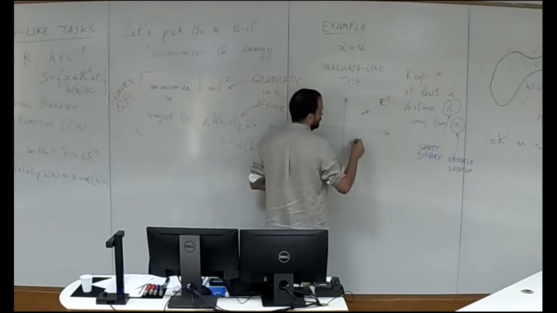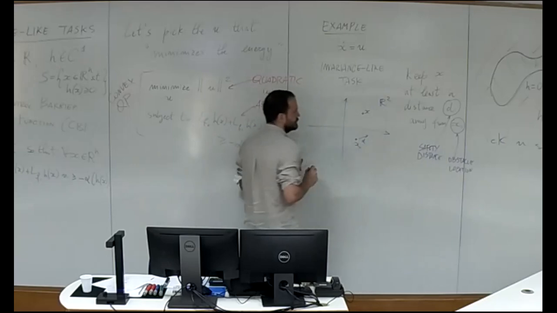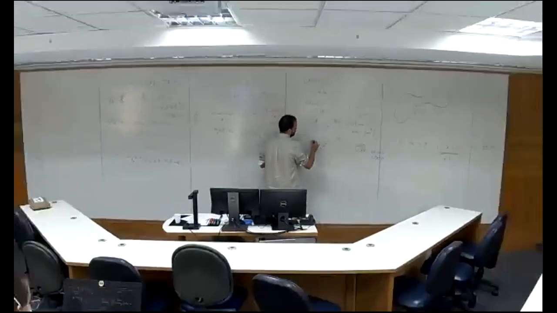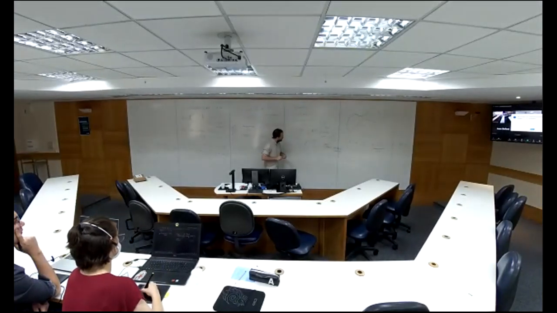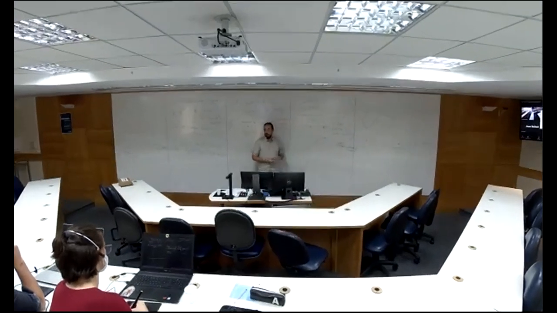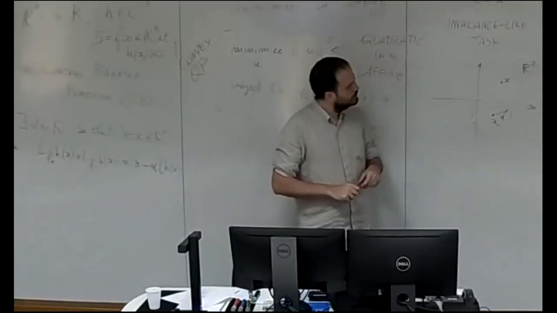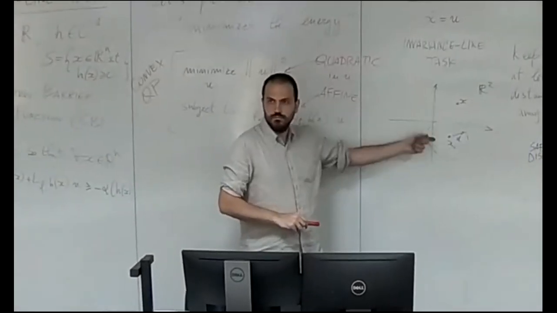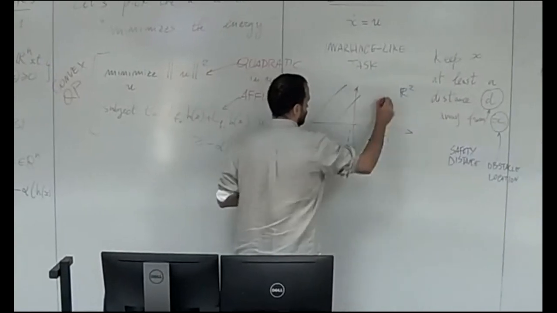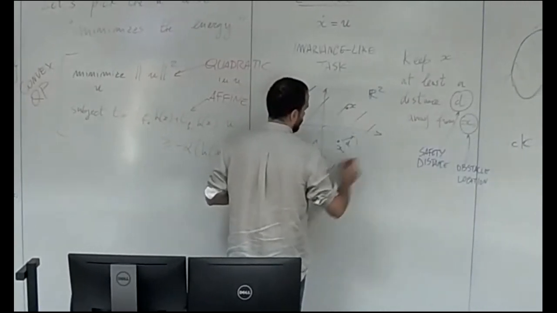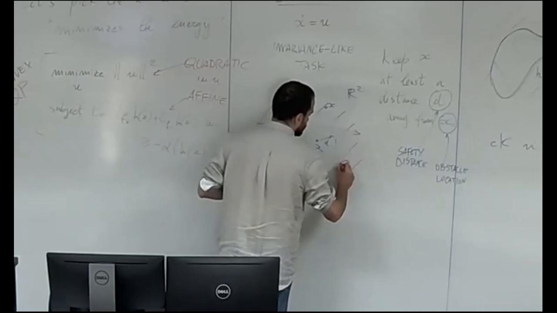The location of our obstacle is somewhere here, x_O, and the distance d is this. So what is the safe, the invariant set?